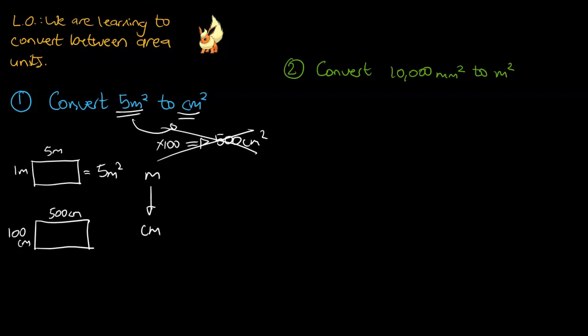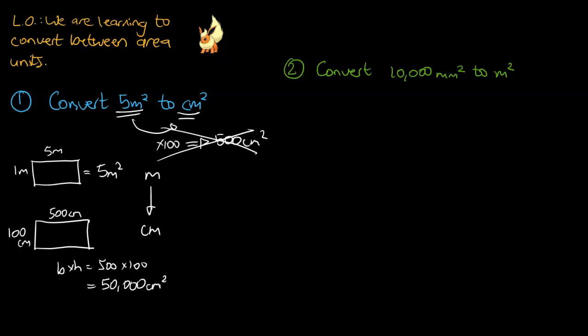I'm then going to find the area of this shape. The area is base times height, which is 500 times 100, so that's going to be 50,000 centimeters squared. Just noting, that's very, very different to the 500 centimeters squared that a few of us might have come up with.